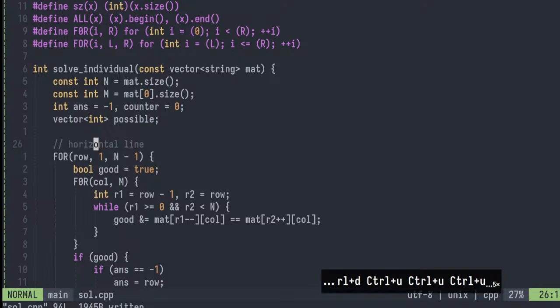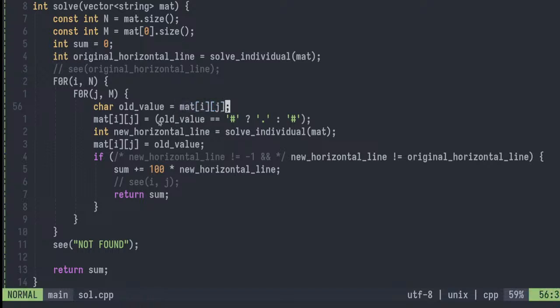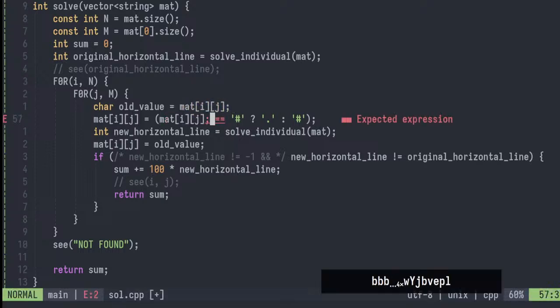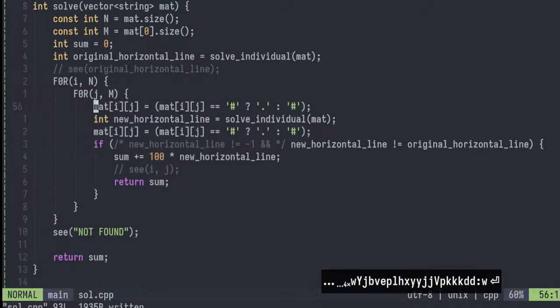See, reference is not there even here. I mean, old value is not even needed. Simply do this thing again.